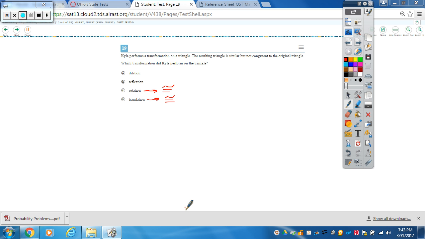Reflection: I know that some mirrors can reflect you in distorted ways, but a normal reflection gives you an accurate depiction of what you are. The same thing is true within geometry. When you reflect an object, it's going to be congruent to itself. So the dilation is where we get bigger and smaller, and that'll be your answer there.